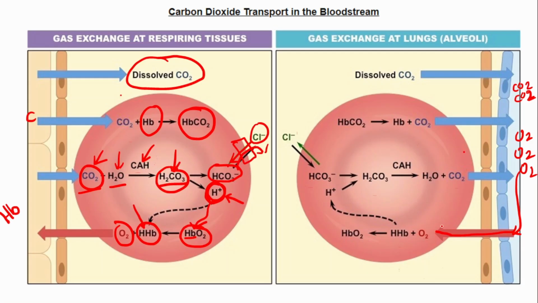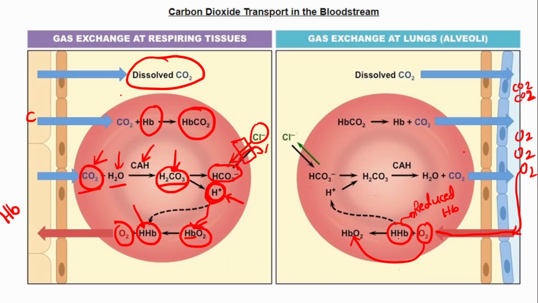But hold on, when this oxygen forms oxyhaemoglobin, it first binds to this reduced hemoglobin, which has a proton attached to it. When this oxygen first binds to reduced hemoglobin, it causes a structural conformational change that drastically reduces its affinity for both carbon dioxide and hydrogen ions.